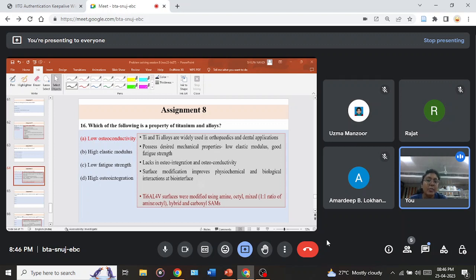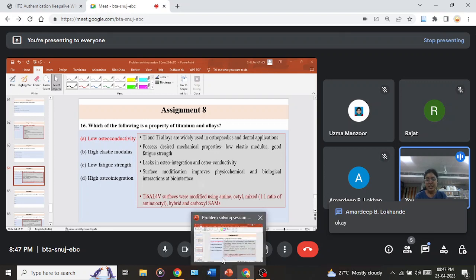So titanium and titanium alloys are widely used in orthopedics and dental applications, and they should have low osteoconductivity, low elastic modulus, good fatigue strength and low osteointegration. So not just low osteoconductivity, you must remember the properties of titanium and alloys. Is it understandable so that we can move forward, if there is no doubt regarding this question? Okay.